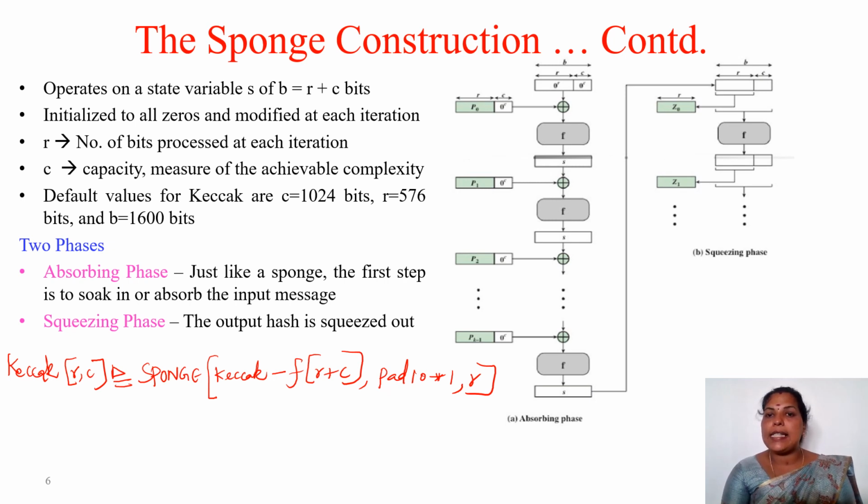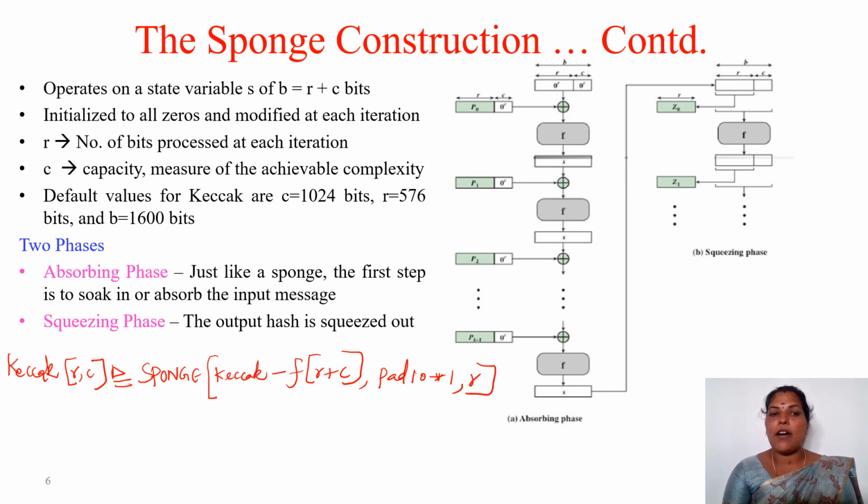Then we get a state S. Then the state is XORed with the next block, and we again apply the function and get a state. Likewise it goes on for as many blocks as we have. Finally that value we give to the squeezing phase. There in the squeezing phase, we also apply the function and we get the hash output, the hash value.